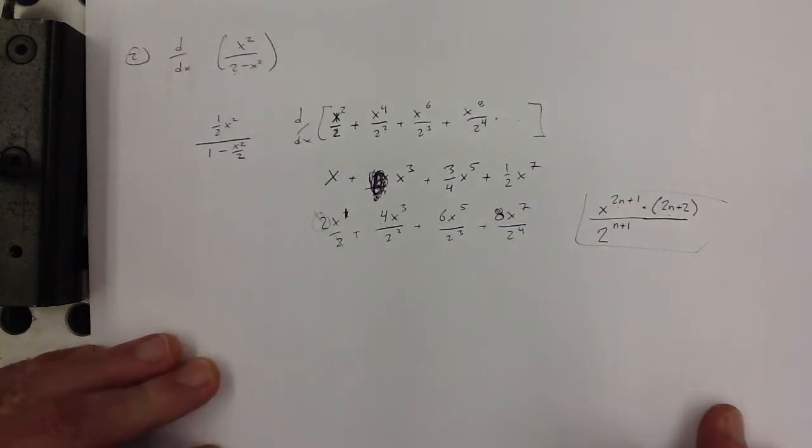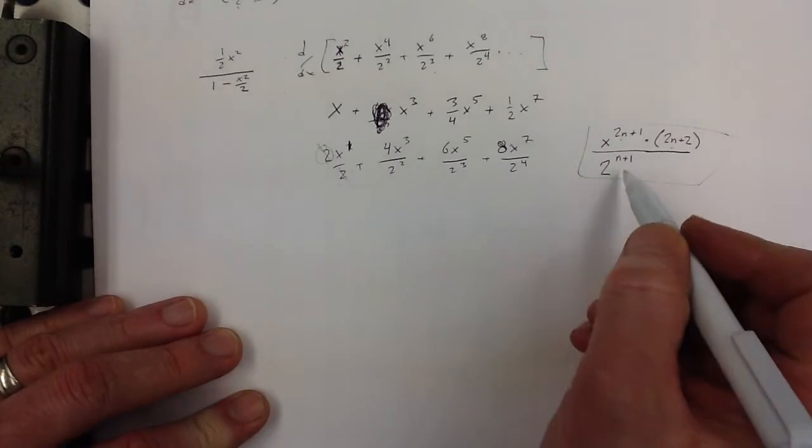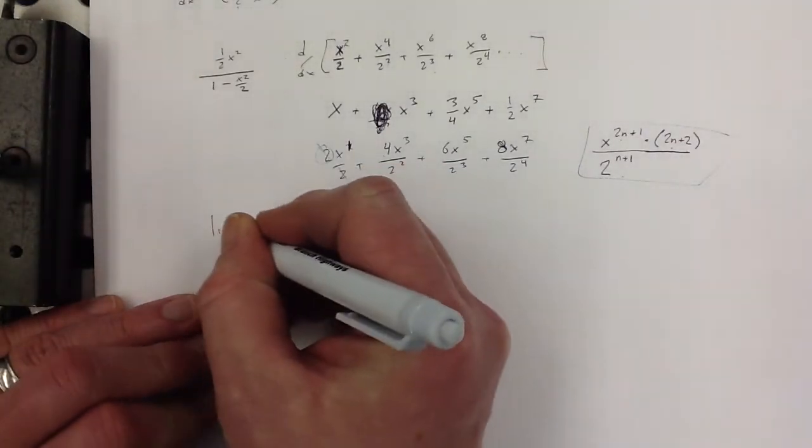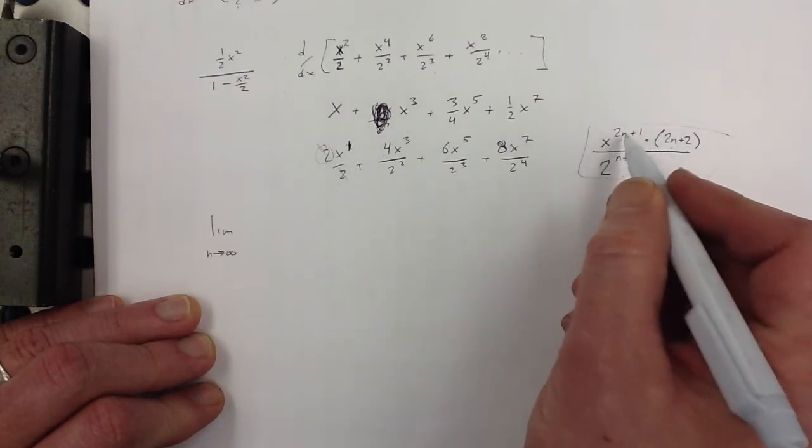The interval of convergence. Let's see if we can do that. Let's do the ratio test real quick. So what's the limit as n approaches infinity of the n plus 1 term?